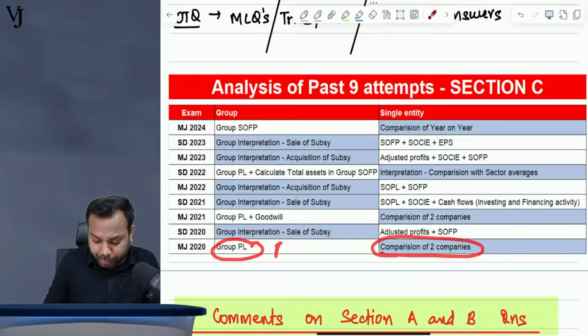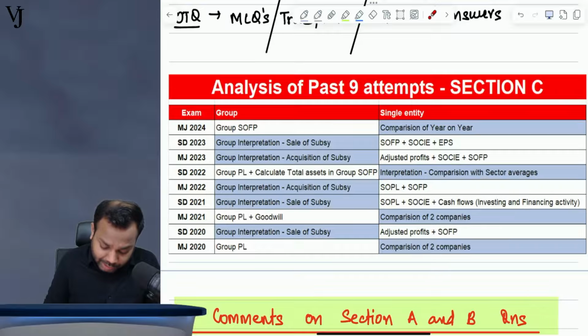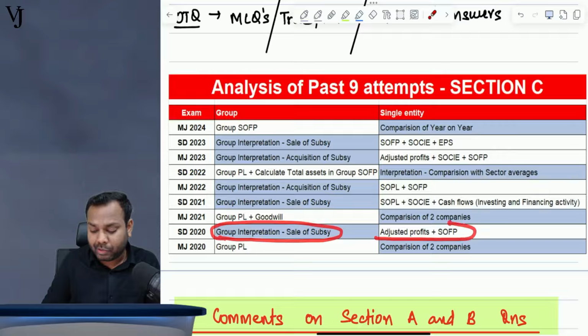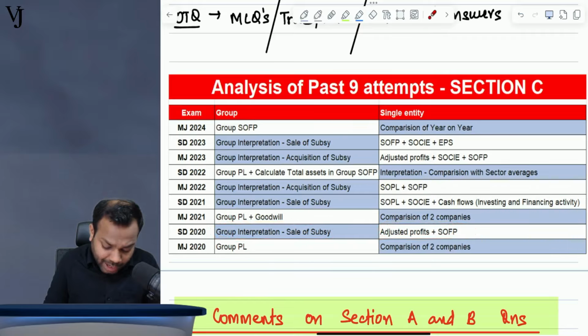So one is for preparation of financial statements and one is for interpretation. Again, in September, December 2020, they asked interpretation from the group, then preparation of financial statements of single entity. Similarly, in March, June 21, they asked group P&L and comparison of two companies.